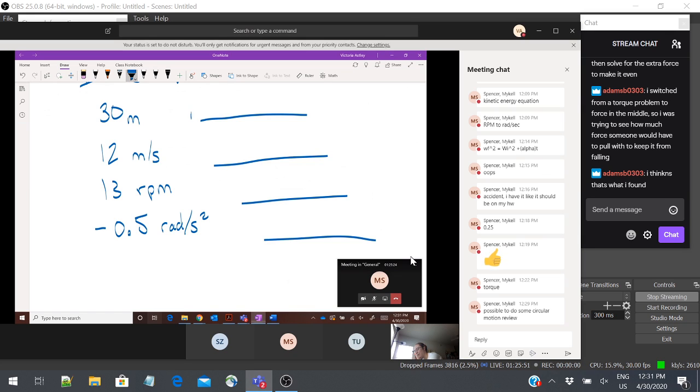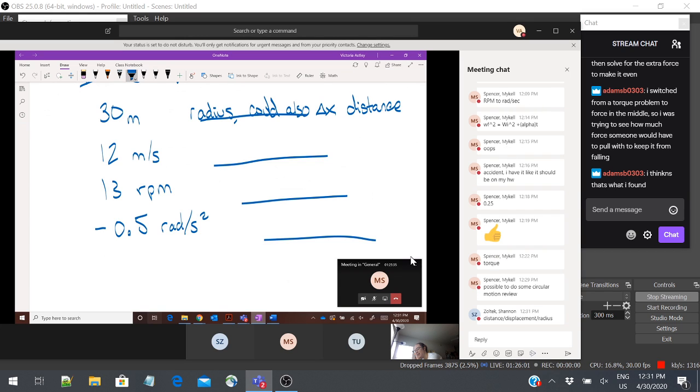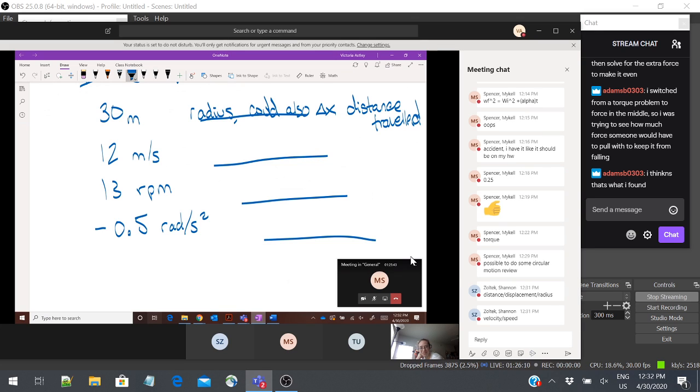I'll help you with this one. It could be the radius. It could also be the distance traveled, right? Like you're driving your car around in a circle, or you're ice skating around in a circle, you ice skated 30 meters. It could be either of those.